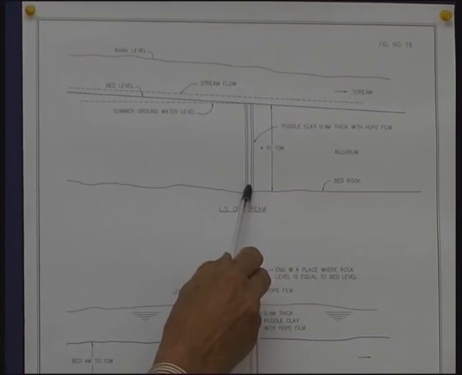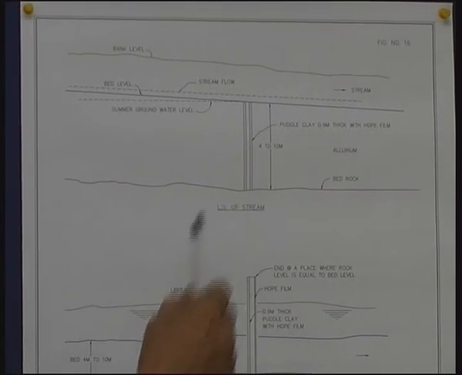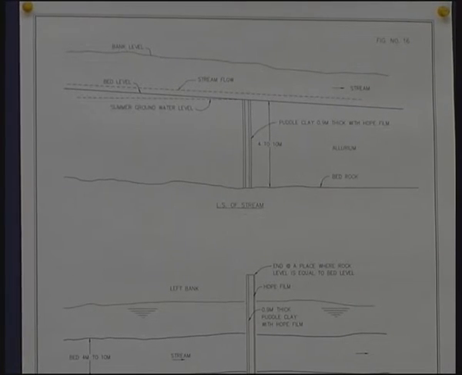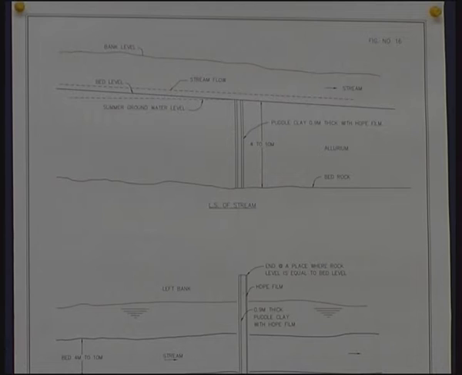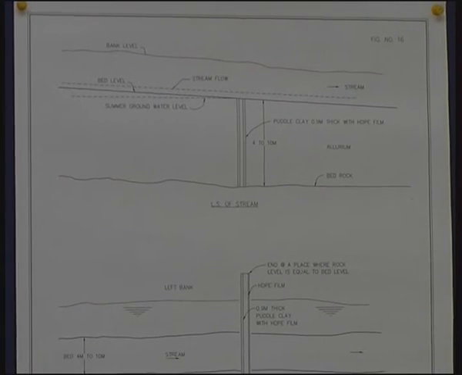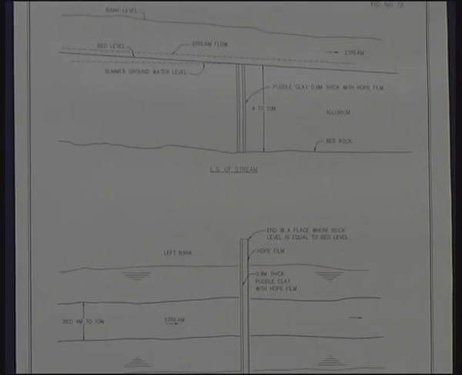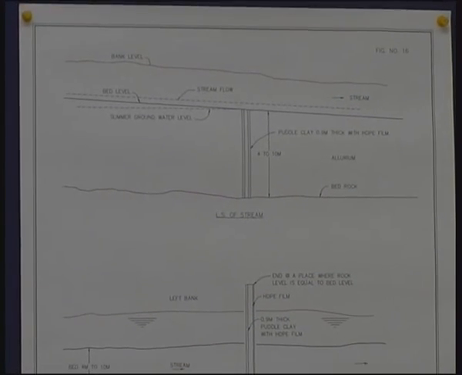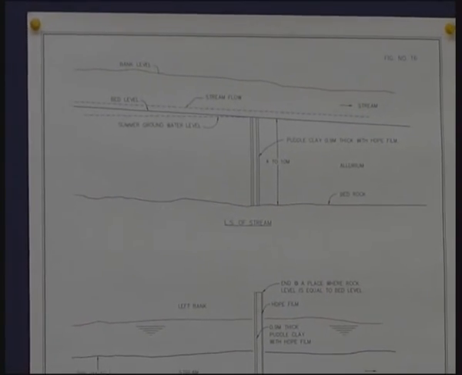The consolidation of the puddle clay is only by treading by foot. Just walk on the puddle clay, it gets consolidated. There is no need to apply any rammer. It is just by walking on the puddle clay it gets consolidated.